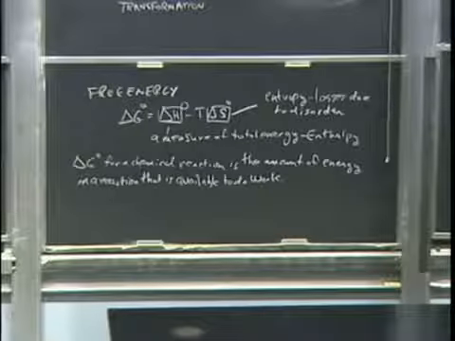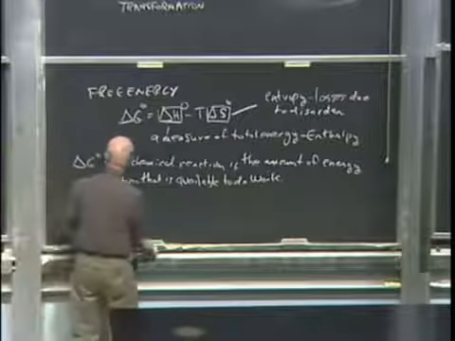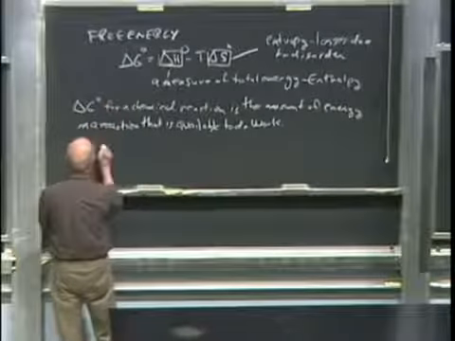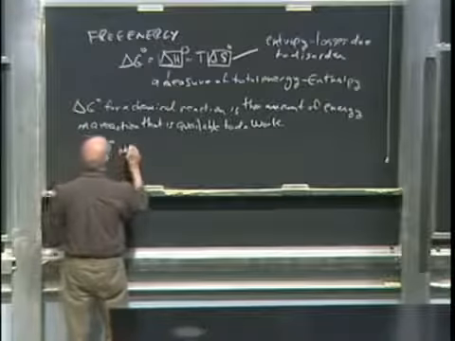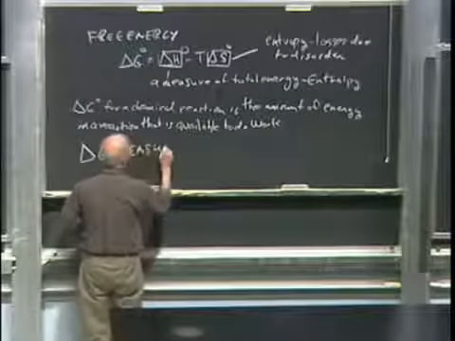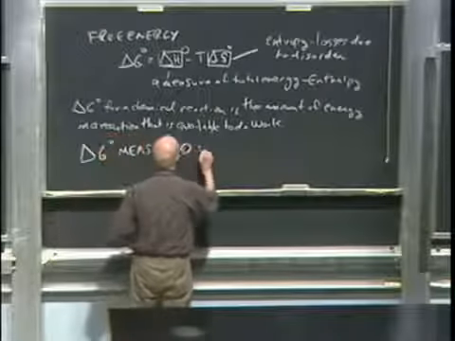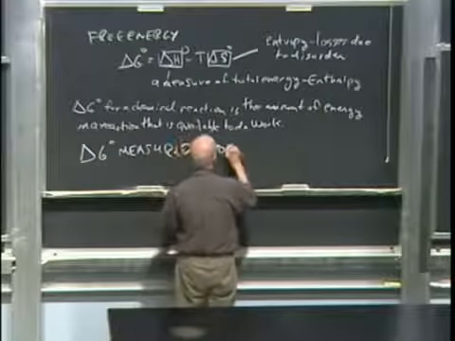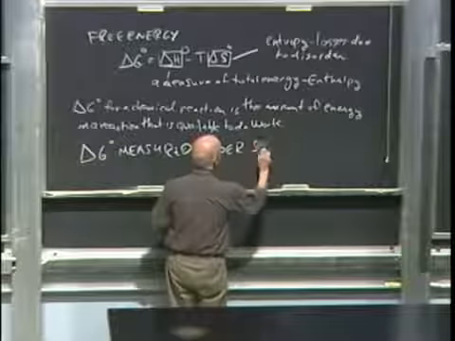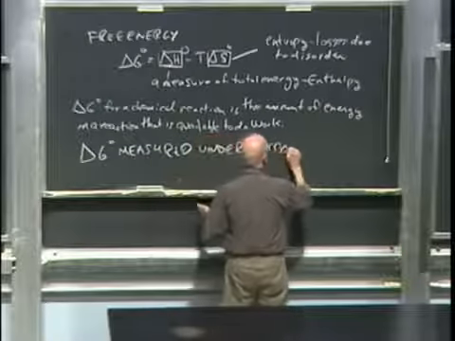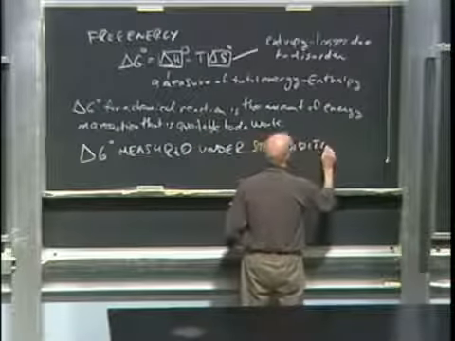Delta G0 is measured under what are called standard conditions. These turn out not to be very biological.